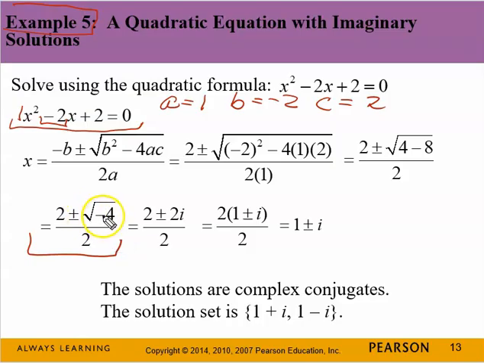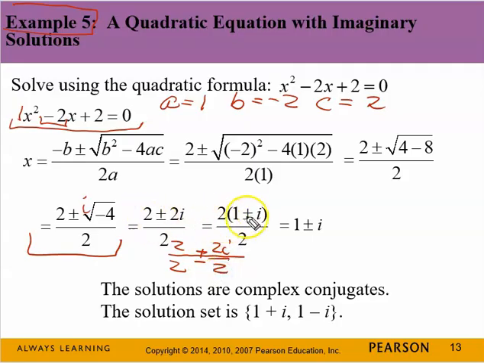Now, notice that under the radical sign, the discriminant is a negative. So when we simplify that, we take the i out. That would be the negative part. And then the square root of 4 is 2. So 2i. Now, in a sense, you could put this as 2 over 2 plus or minus 2i over 2 also.